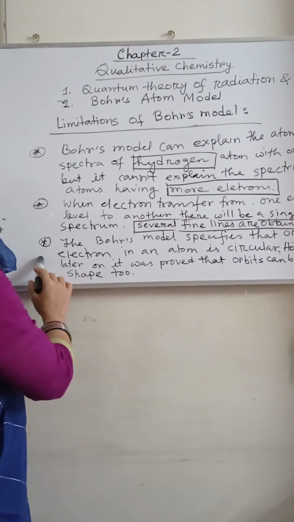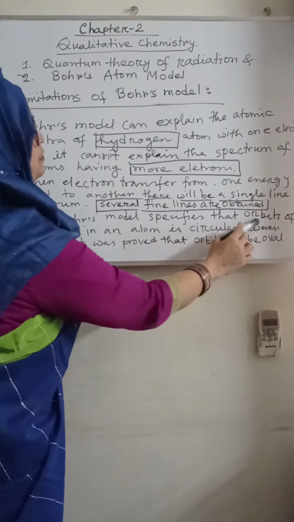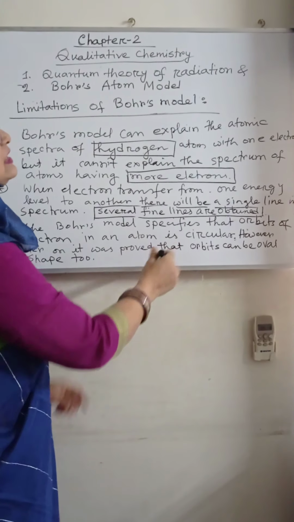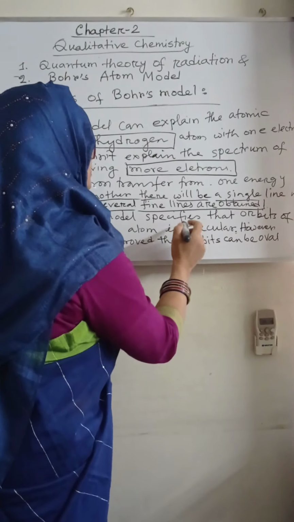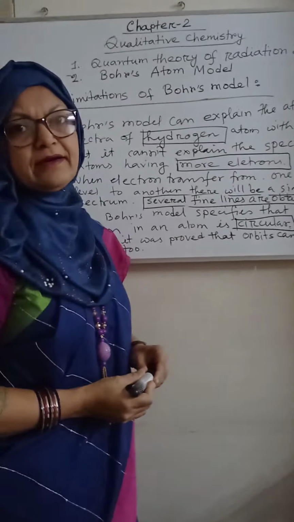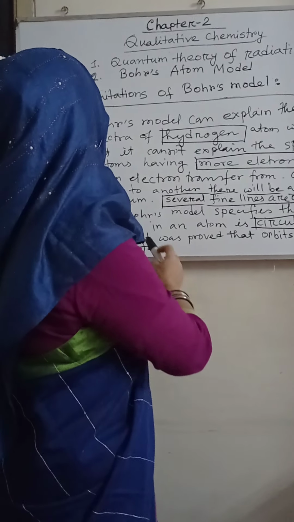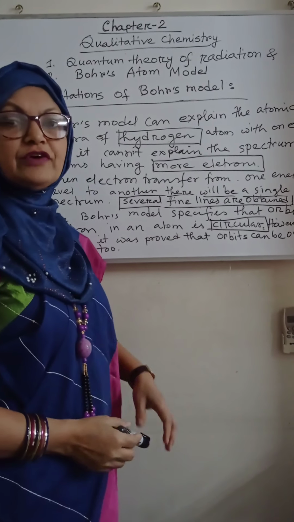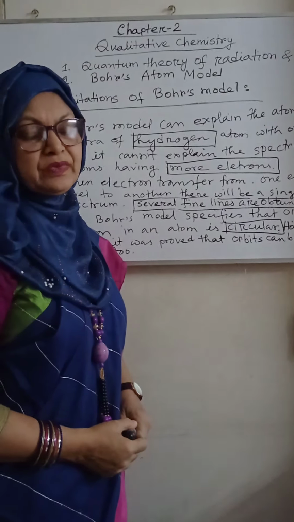And number three, Bohr's model specifies that the orbits of electrons in an atom are circular. However, later on it was proved that the orbit may be oval in shape too.